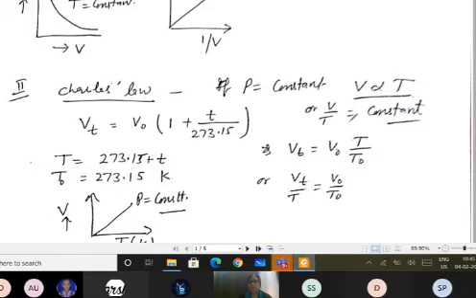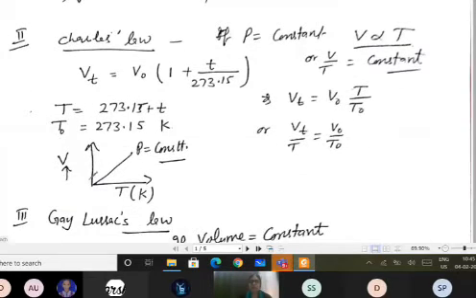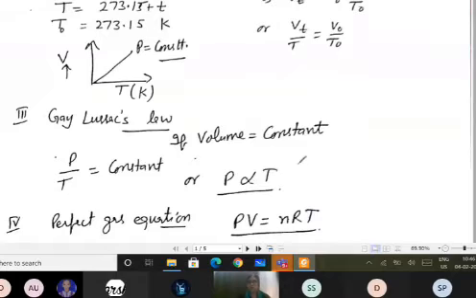So V by T equals a constant. Again, for volume and temperature, I get a straight line with a slope. These laws should be clear, because you can use these laws and equations in the numericals.